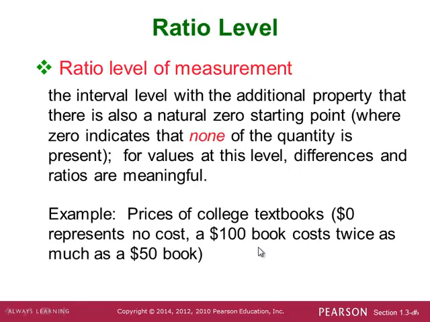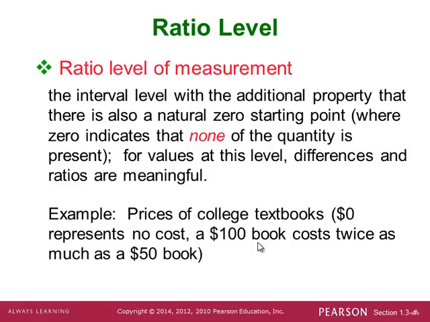And then finally, our fourth level is the ratio level, in which we have the interval level together with a natural zero, as in the prices of textbooks. We know what zero means in this context. It means a textbook costs $0.